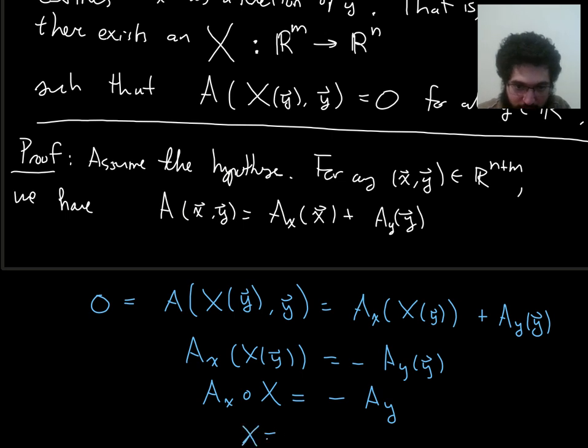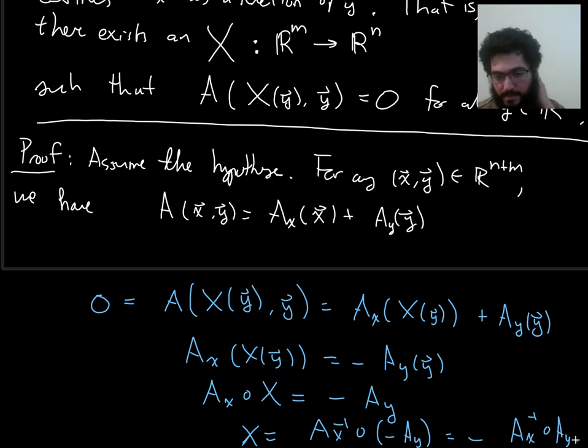It should be A sub x inverse composed with negative A sub y, or in other words, negative A sub x inverse composed with A sub y. So that tells me what capital X should be.